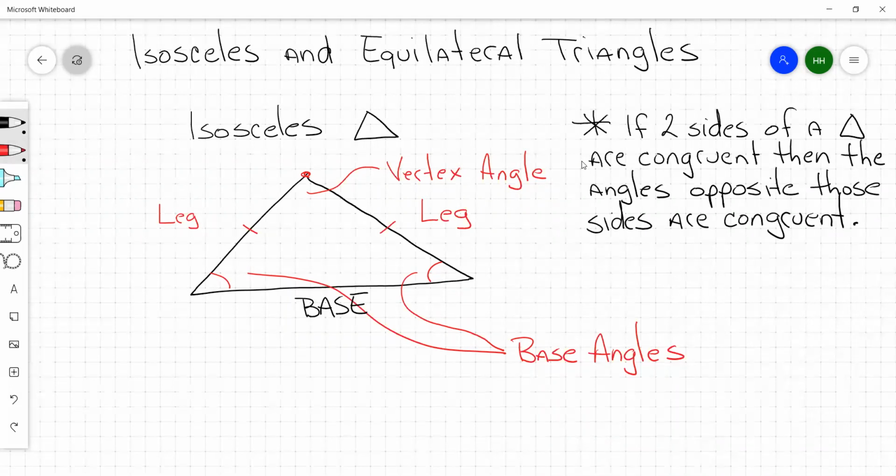So if you see a triangle and you're told that two of the sides are congruent, you know, based on that fact, that the angles opposite of those sides are congruent. If two sides of a triangle are congruent, then the angles opposite those sides are congruent.